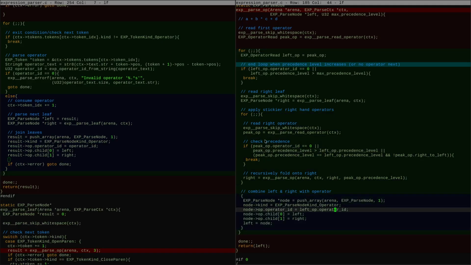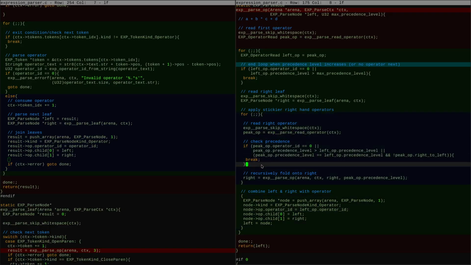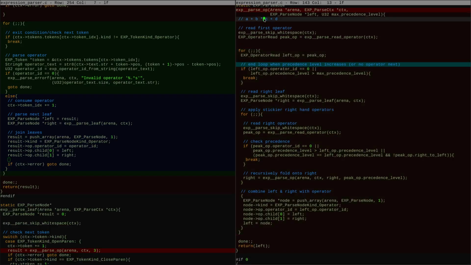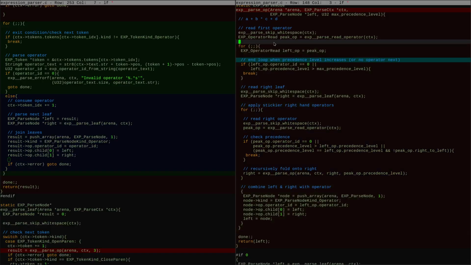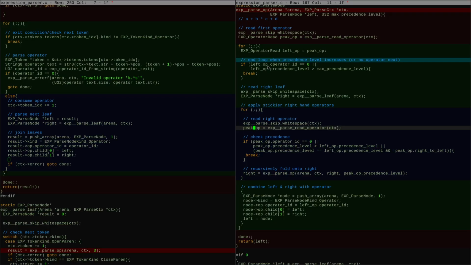And then the operator that it read here right before that, right, that caused it to say, hey, there's nothing else to do here on the right hand side, that now becomes the left operator, because everything to the left has been congealed together. And so now we have this ability to like peek ahead here and then reuse that information here. So that's cool.